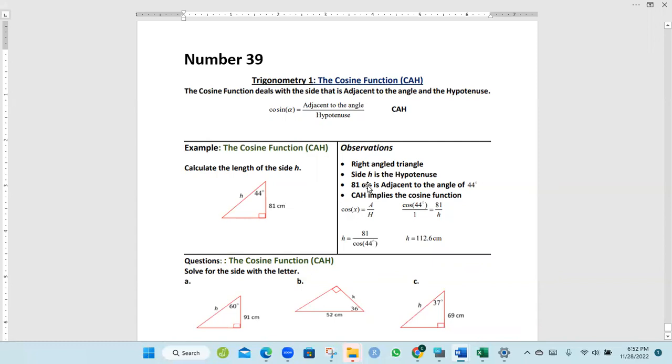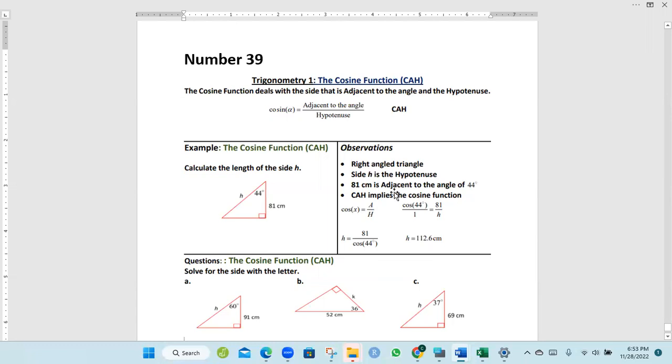It is H. So side H now is the hypotenuse. Connecting the other two sides, 81 centimeters now is adjacent to the angle 44 degrees. It's next to it. 44 is standing right on the angle, 81 centimeters. So 81 is adjacent to 44 degrees.